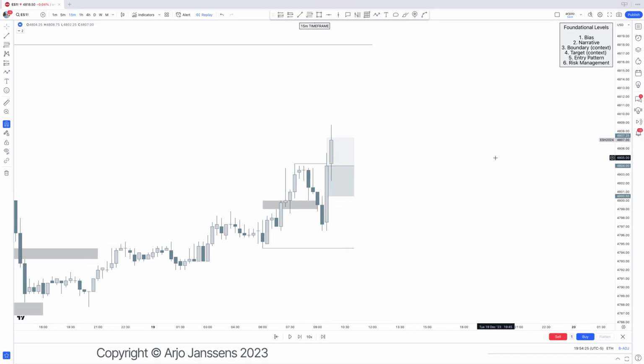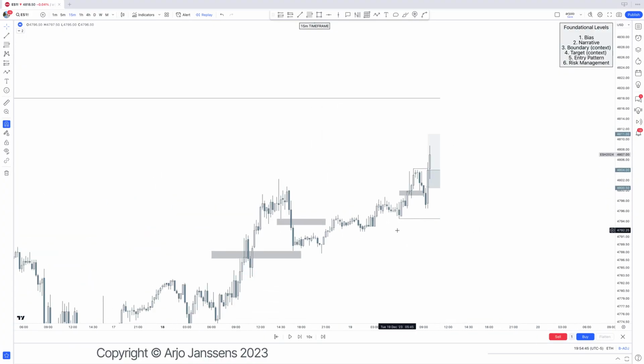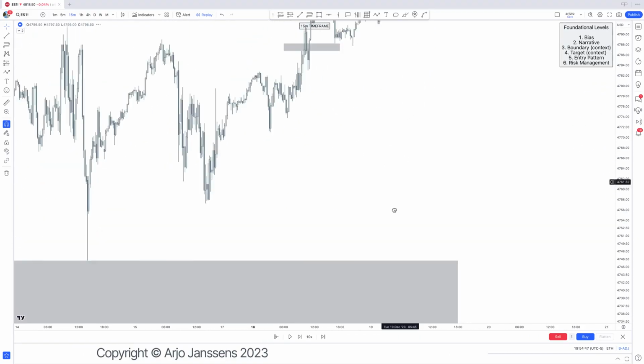Now, here we can look to target first at 1 to 2, and then eventually, of course, also a little bit higher right there, because we have that daily target in the form of that higher time frame premium, because the price action there is simply telling us that we want to trade first to this premium. Afterwards, we can see, do we want to trade lower into a daily fair value gap right there?